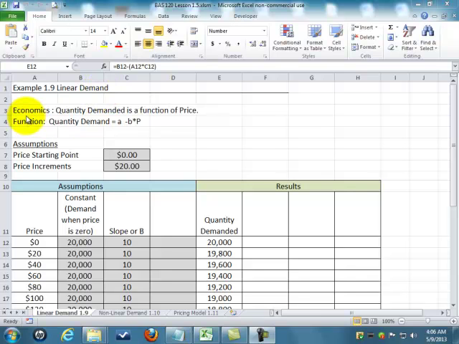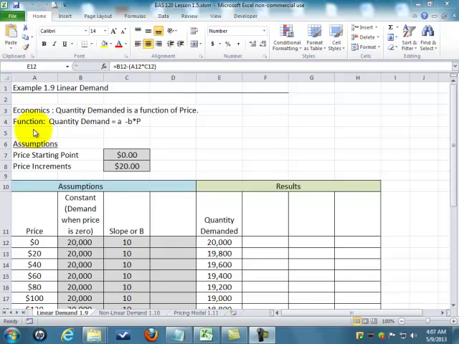So we're going to use an example from economics because a demand curve is often used, and all a demand curve says is that the quantity demanded, or the amount people will buy or purchase, is a function of, therefore related to, price. So typically, as prices go down, as we have a sale, the quantity demanded would go up. As prices go up, the quantity demanded tends to go down.